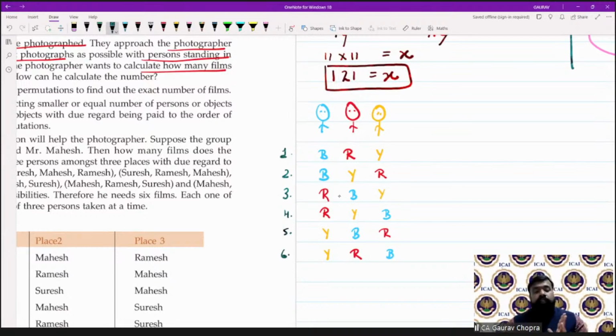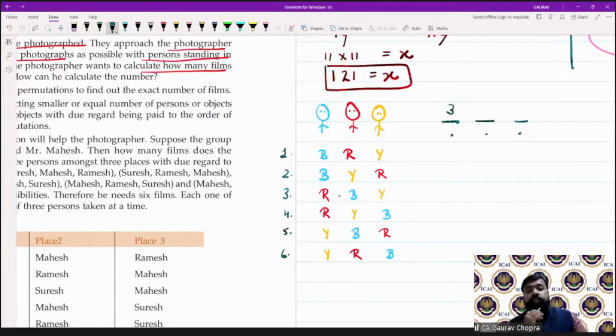We have done this with the help of different combination pairs, since there were only 3 persons. But what if there are 5 persons, or 10 persons? Then how to calculate? To make this concept easy, permutation is used. According to permutation, the first person has 3 options available, since there are 3 positions and he can stand at any of them.